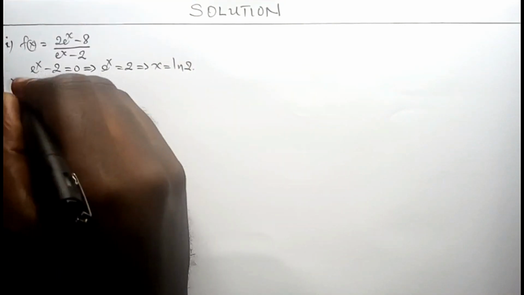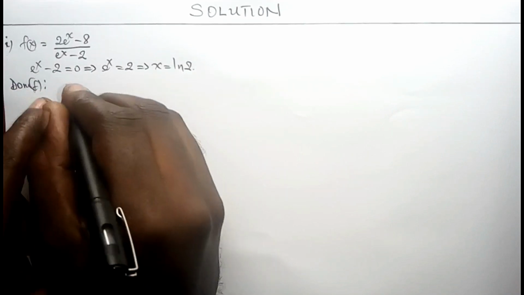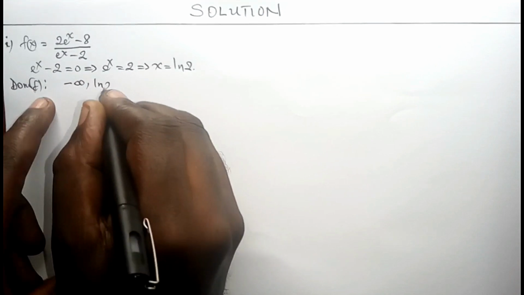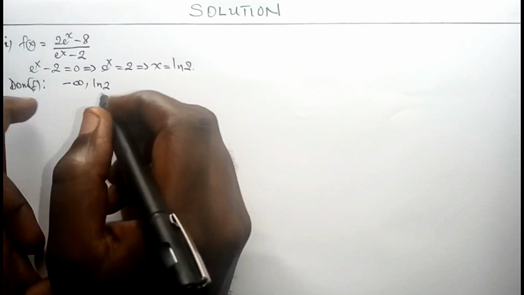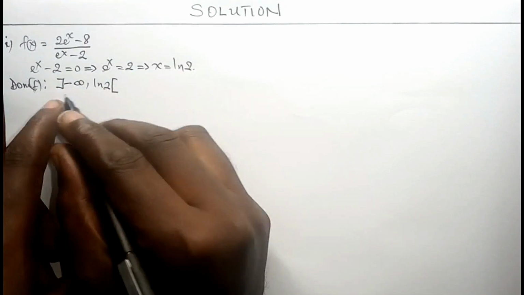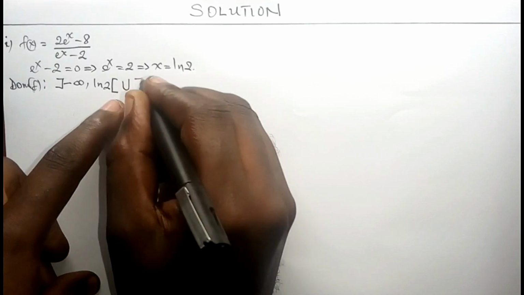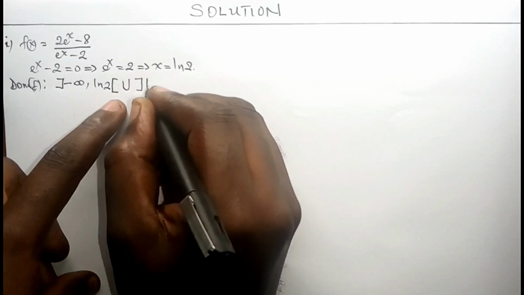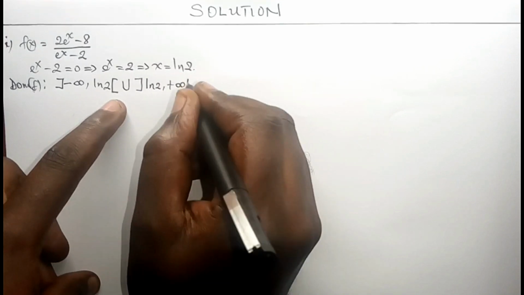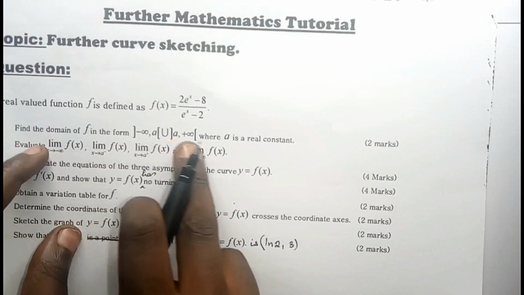We can then say the domain of f is negative infinity and ln 2 as the boundaries of one region, and the two are not included, so we put excluded brackets on them, union again from ln 2 to positive infinity, both also not included, and that gives the answer in the form they want us to express.